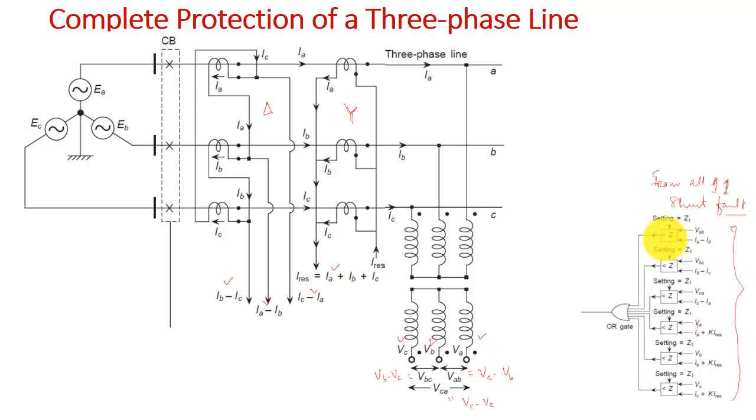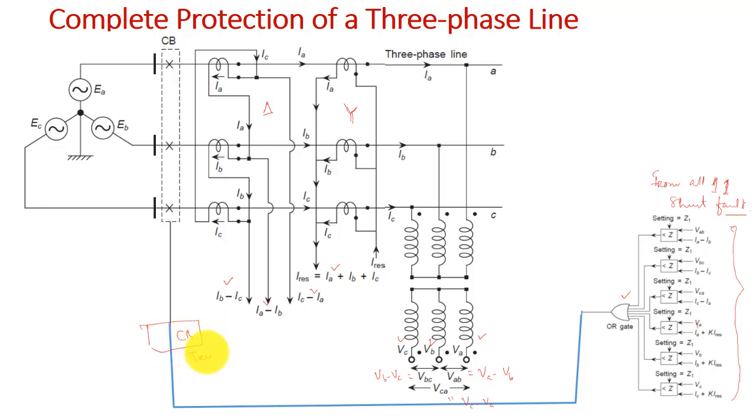All these are fed to an OR gate, because we don't know which kind of fault will happen in the transmission line. The final output of the OR gate feeds the circuit breaker trip coil, and it gives the command to the circuit breaker for operation.